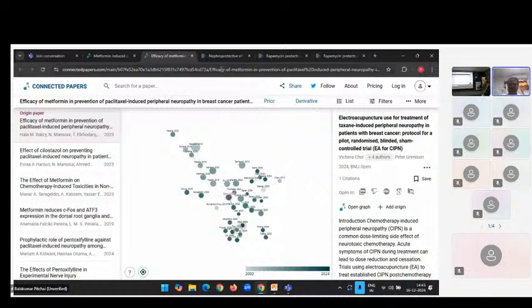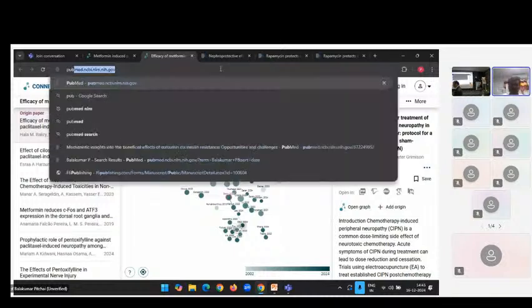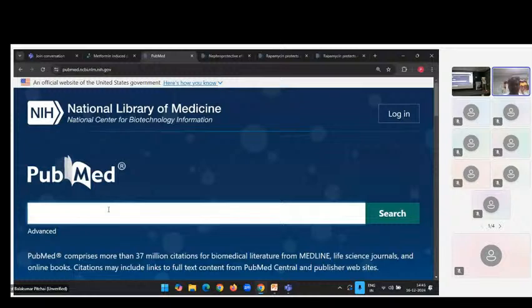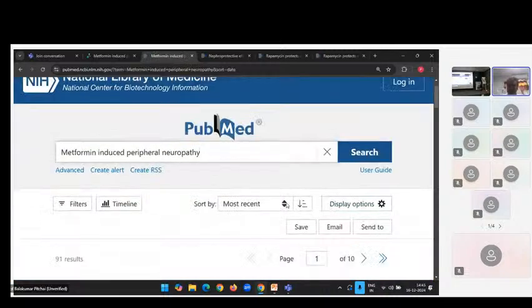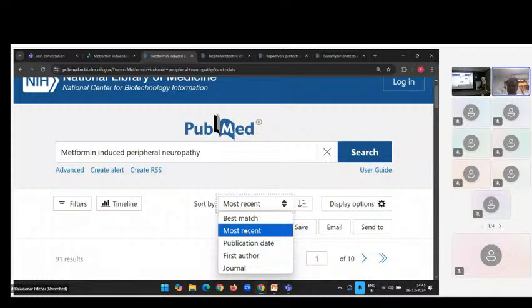For that, just go to PubMed. Now I have entered PubMed. I enter "metformin induced peripheral neuropathy" and search, and here see the display options. One is best match, another is most recent, another is publication date.